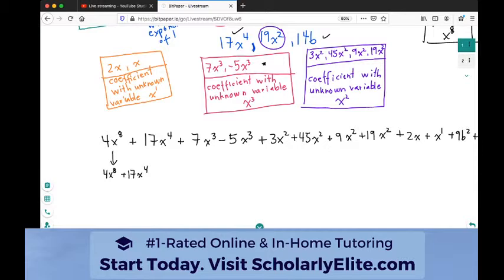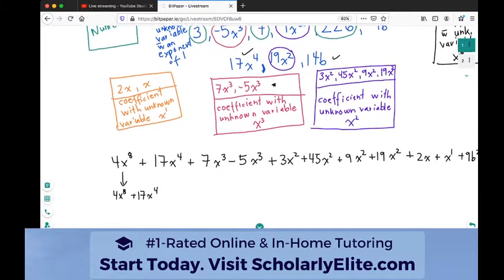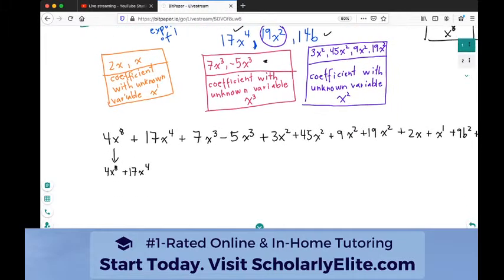But now up here we've got 7x cubed minus 5x cubed. Because again, it's like saying 7 bananas minus 5 bananas. So we can actually take those numbers and put them together. I'm just trying to see what color I use. So we use pink, magenta-ish.